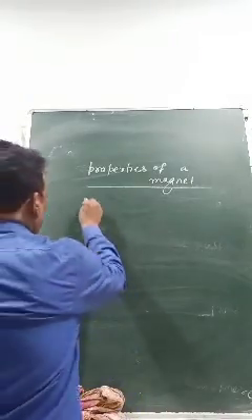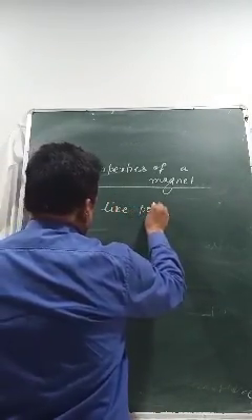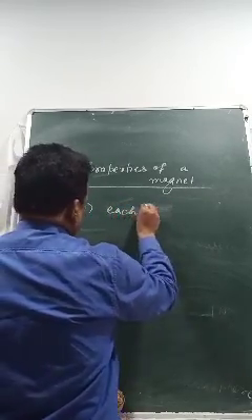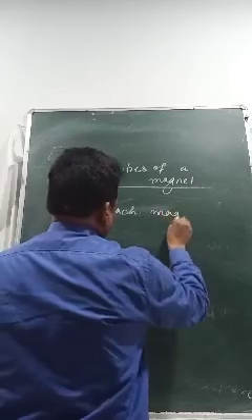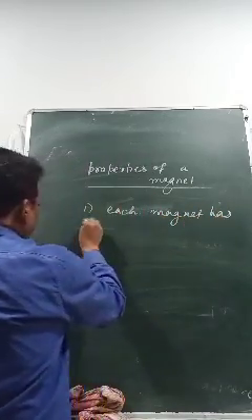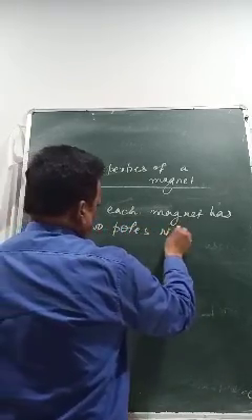First, each magnet has two poles, north and south.